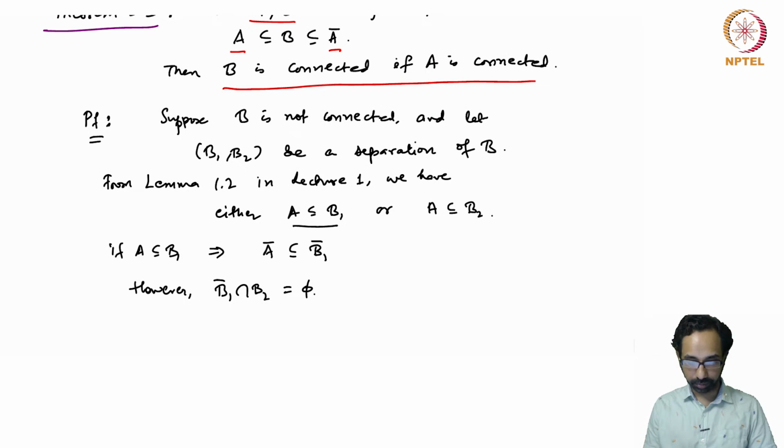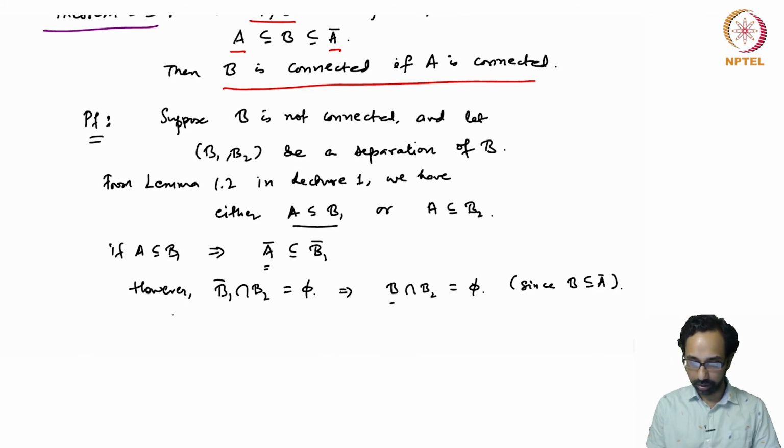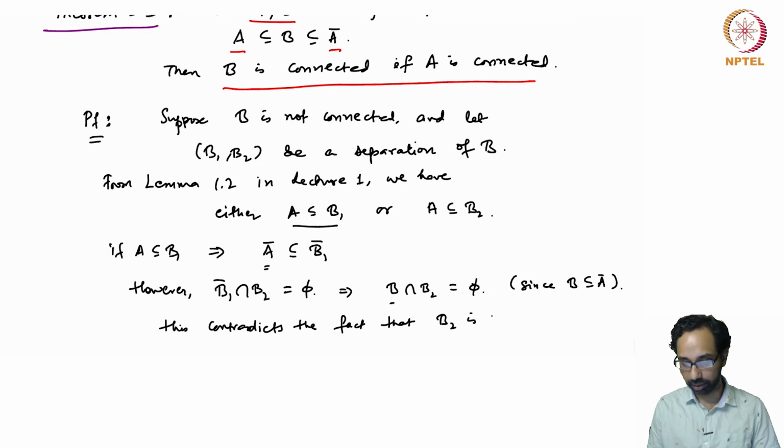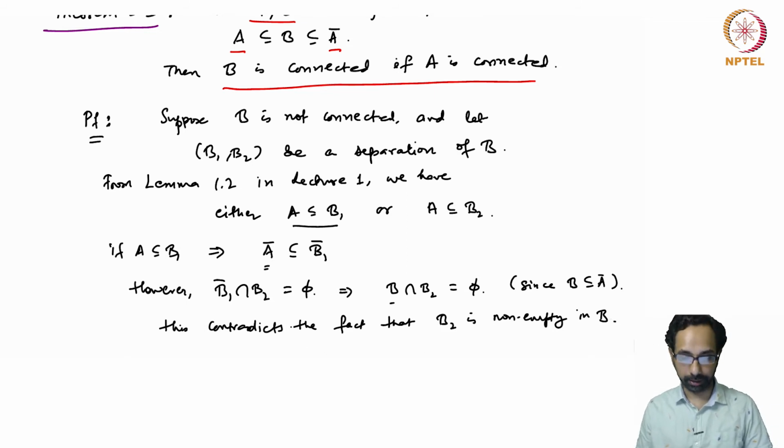So this means that B intersection B2 is empty, since B is a subset of A closure. This contradicts the fact that B2 is non-empty in B. So we have a contradiction, and so B is connected.